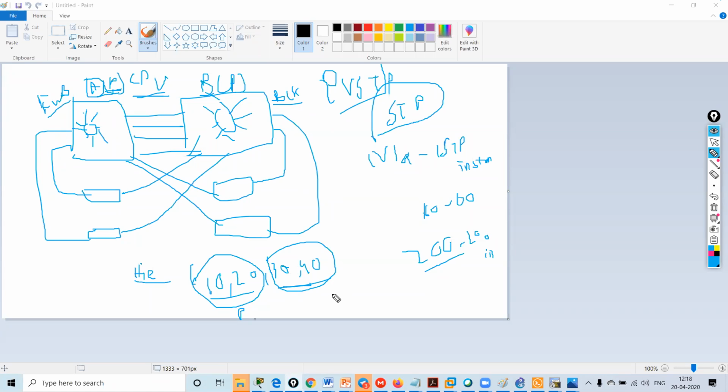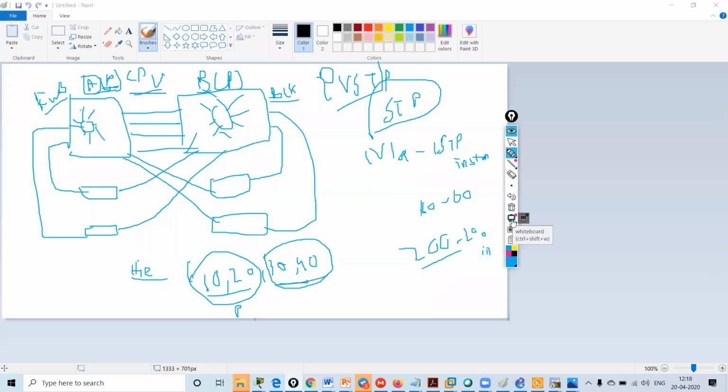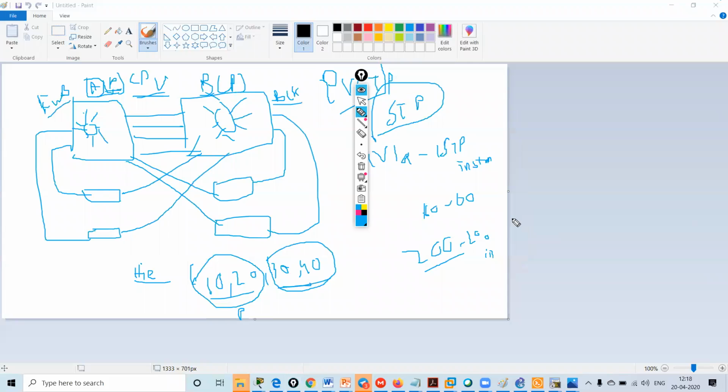Getting me or not? Yes, sir. So this is something we can use. It is known as PVST plus. If we are using PVST plus, we can configure the primary root and the secondary root.